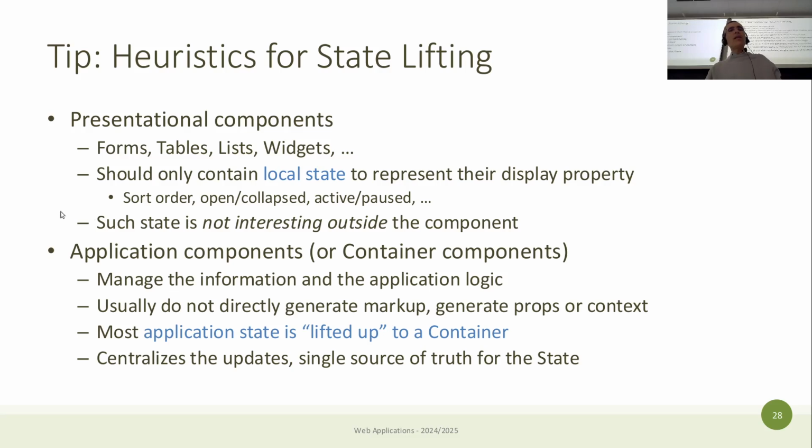Okay? Then there is application state. Okay? So information that the application needs to show. And typically that state is something that you want to lift, go up in the element tree until you find a common ancestor, a common parent to all the components that need to use that information. Okay? And sometimes it will be up at the root of the tree.